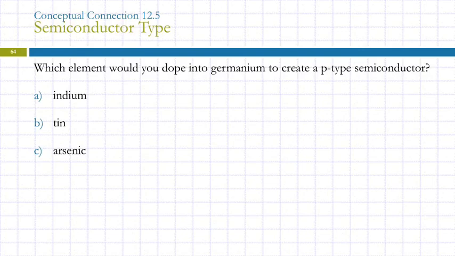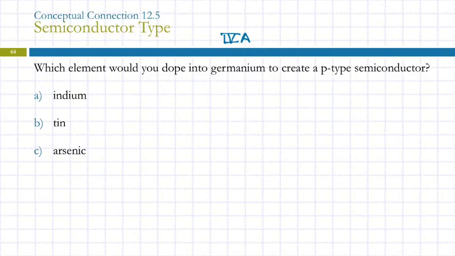Fewer. So what we want, if we want a p-type semiconductor from germanium, what group is germanium in? It's in group 4A. Okay, group 4A. So if we want something with fewer electrons, we want to look for group 3A, right?